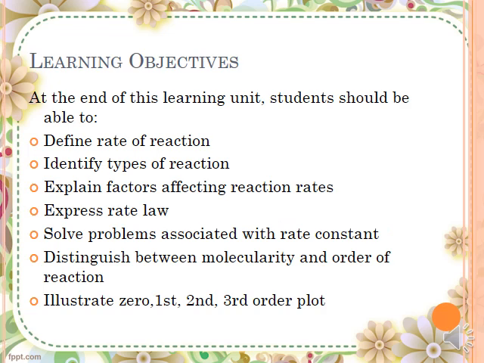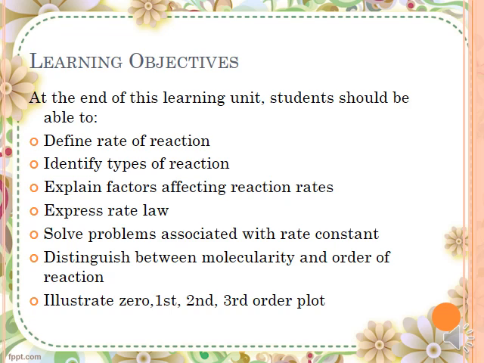So these are the learning objectives that everyone must be able to accomplish. The first one is to define rate of reaction. Secondly, identify types of reaction. Thirdly, explaining factors which affect reaction rates.